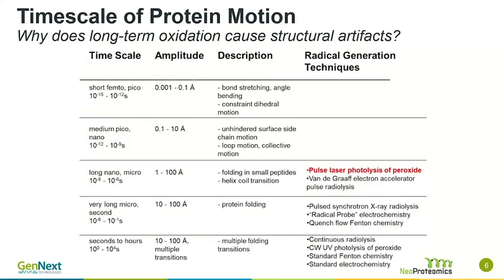So why is this important? What benefit do we get from using a pulsed UV light source with a capillary flow system? The purpose of the capillary flow system is to ensure that each volume of sample that we irradiate gets hit with one and only one pulse of UV light. This allows us to very strictly constrain the lifetime of labeling, how long we label. This is important because of the idea of the time scale of protein motion.